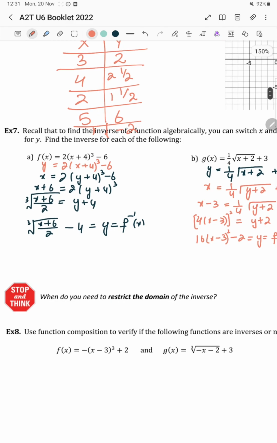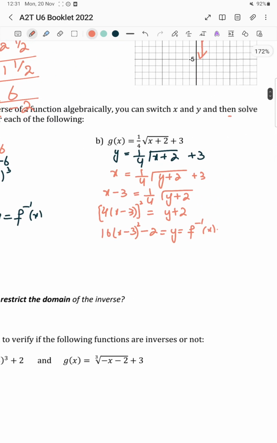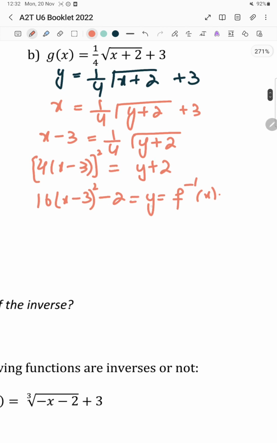When do you need to restrict the domain of the inverse? When the function is not one to one. In this function, we need to restrict the domain of the inverse, because if I put 3 over here, it will become 0.